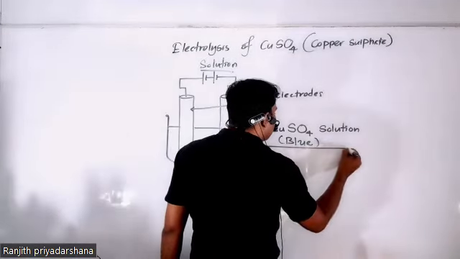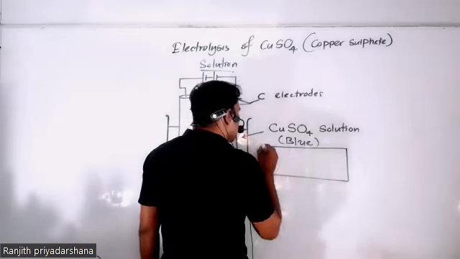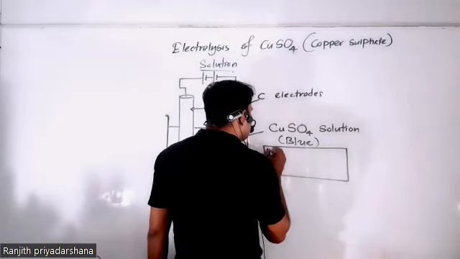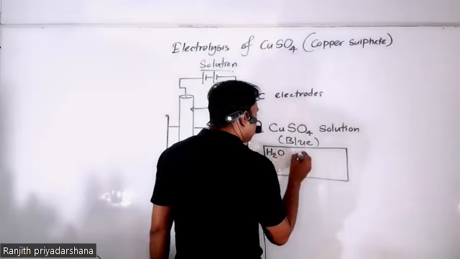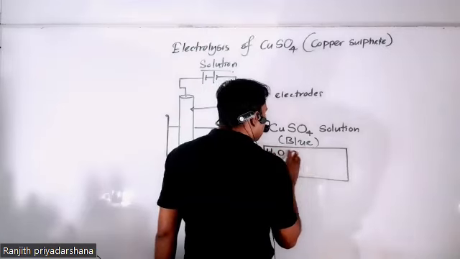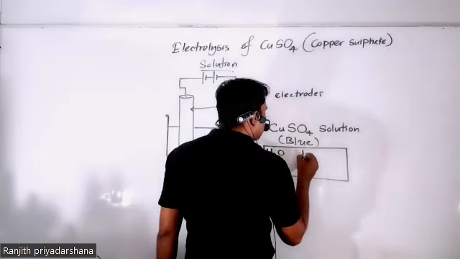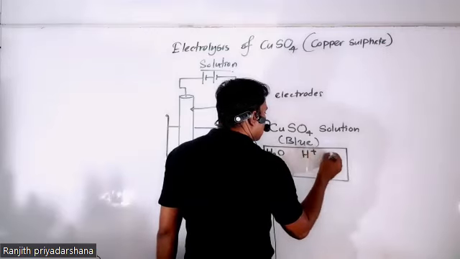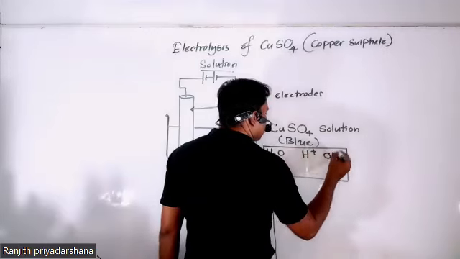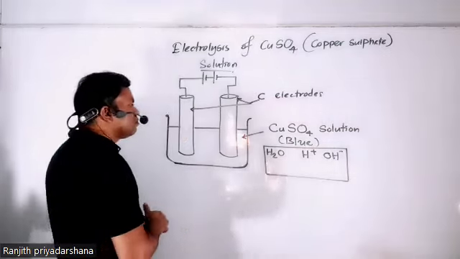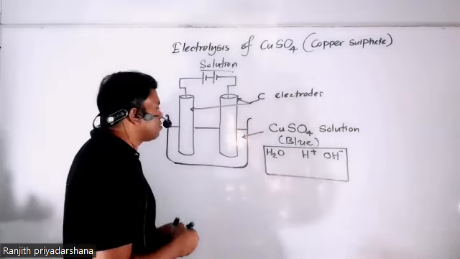Therefore, in this solution, you can see ions from water. What ions do we get from water? In the solution there are H plus ions and hydroxyl ions. You know that. If water is there, H plus and hydroxyl ions exist.